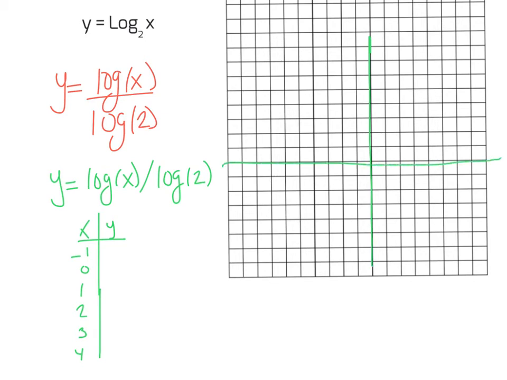So now I'm going to look at my table. Now you should notice that on the table, x equals 0 and negative 1 have errors there. And that's because on the y-axis, there is an asymptote. There is a vertical asymptote for a log. It's at the equation x equals 0, which is the y-axis.